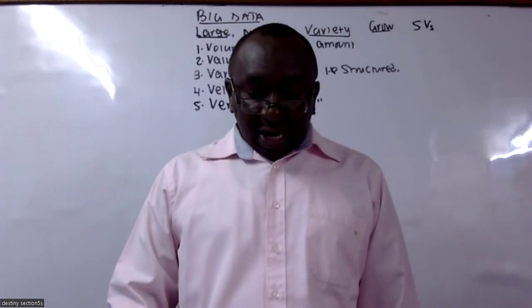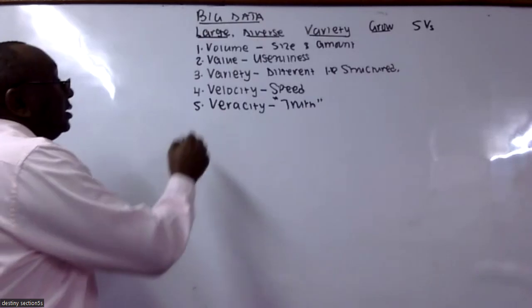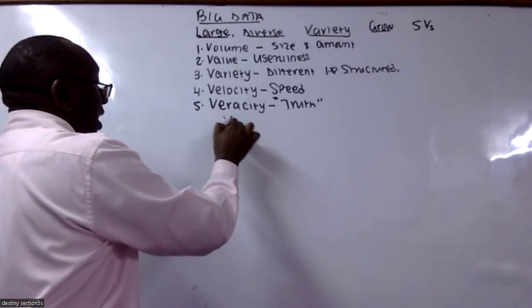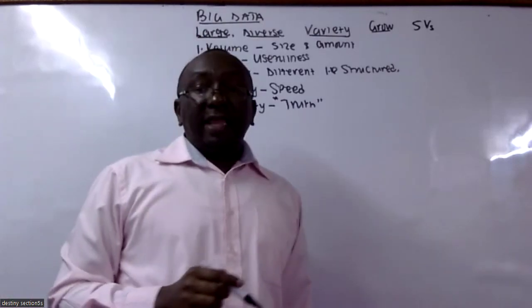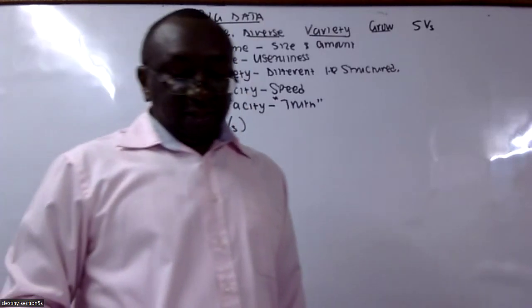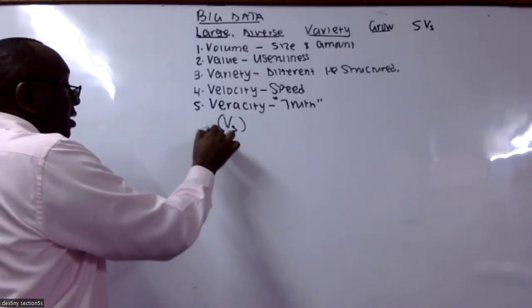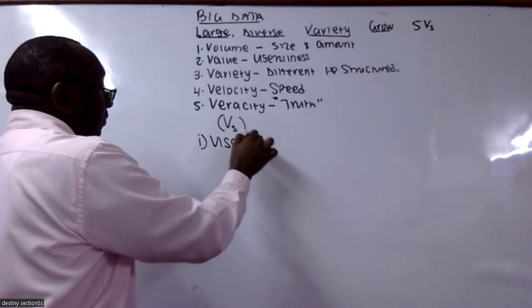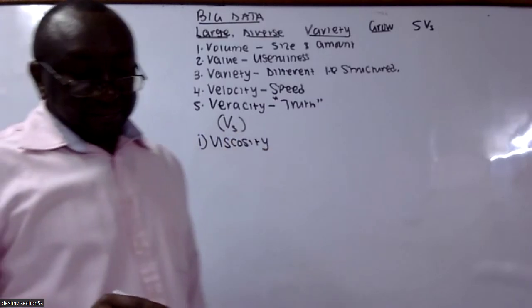Okay, let's proceed on and say other characters, in brackets V's, include: Roman 1, viscosity.